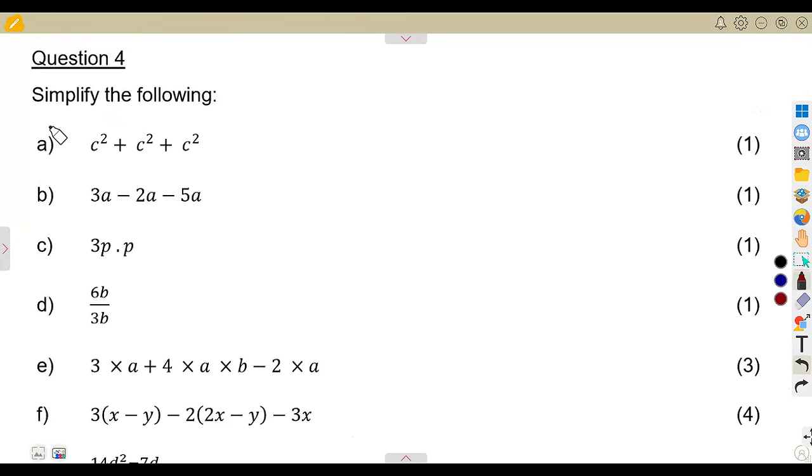So the first part we are given a, that is c squared plus c squared plus c squared, that is to the exponent of 2. So this is an algebraic expression. Remember, on our algebraic expressions, we talk about like terms. You are supposed to know about like terms, whereby you are supposed to be having the same exponent on the same variable.